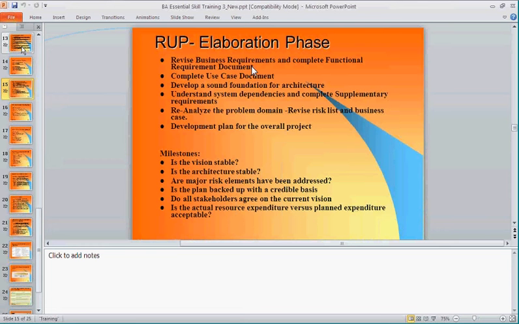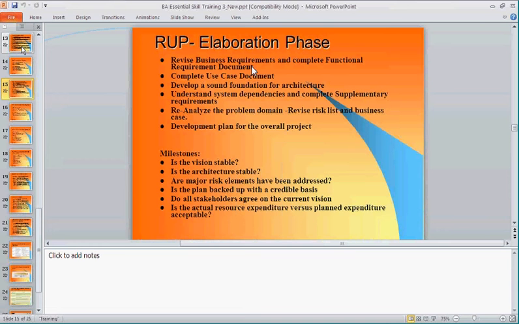In the elaboration phase, it's not just that the requirements document is going to be elaborated on, but the development team and the QA team are also going to do some work, right? The development team will put together a technical design document, right? We will also look at the non-functional supplementary requirements and understand the dependencies.